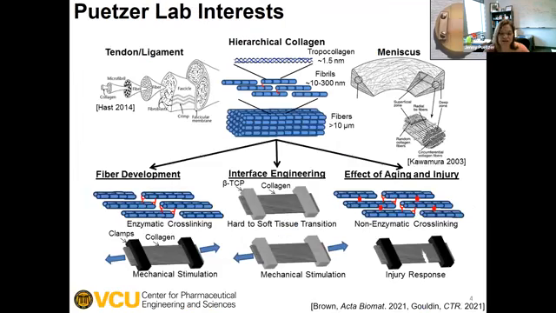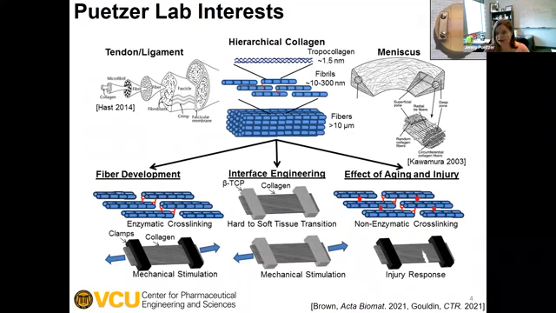In our lab, we concentrate on 3 different areas. These, again, all revolve around using the system to drive our hierarchical collagen fiber formation. We're interested in looking at how we can make those fibers become bigger and stronger. We're also interested in how we can start to integrate these tissues into bone.